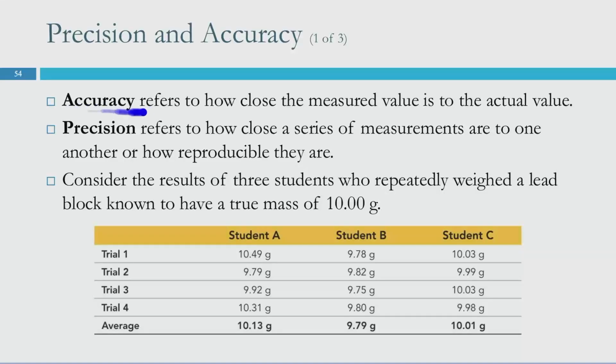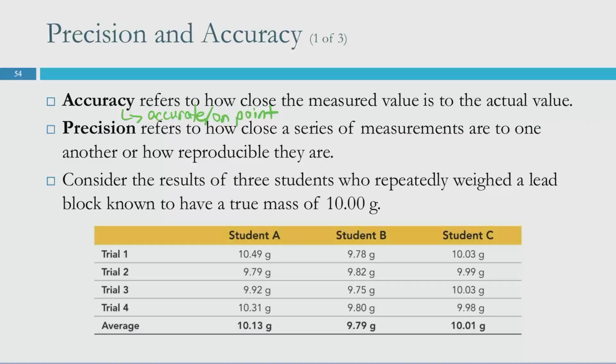Accuracy, or accurate, refers to how close the measured value is to the actual value. Is it close to what it's supposed to be? Accurate, on point.